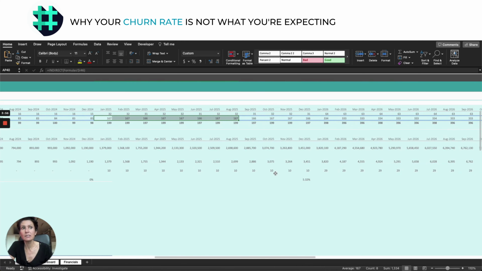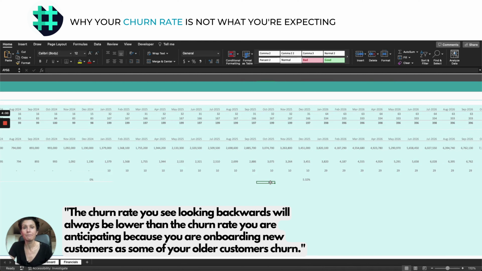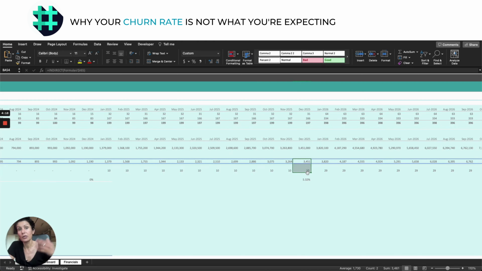So what that means is my churn rate, looking backwards, is always going to be lower than my leaving rate that I'm anticipating from my customers, because as my business is growing, I'm onboarding new customers, as some of the ones I onboarded last year are starting to churn, and therefore my churn rate looking backwards is going to be calculated on a much larger active customer base.